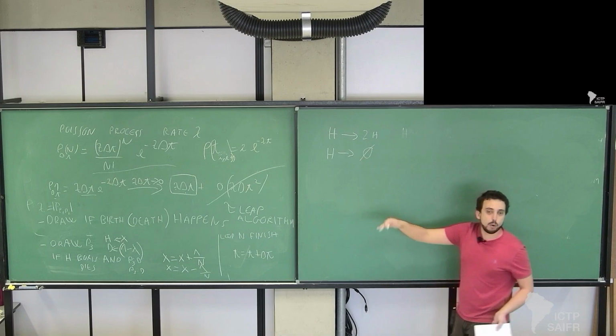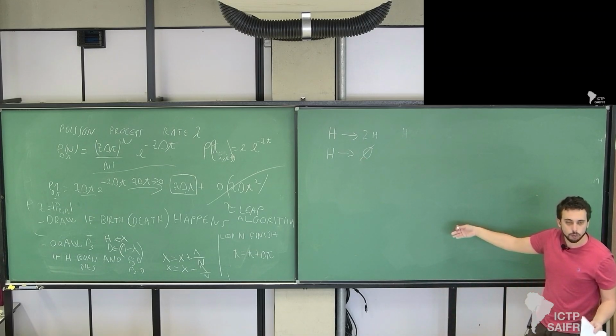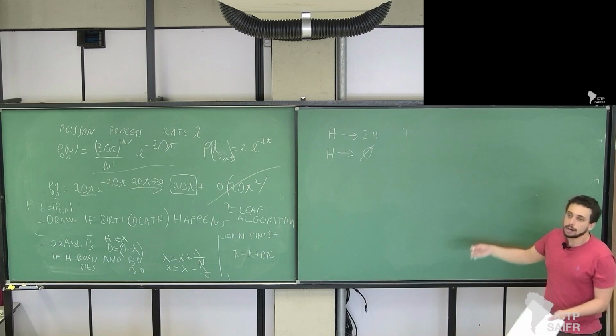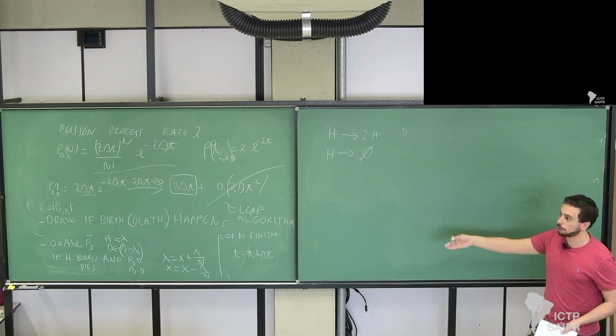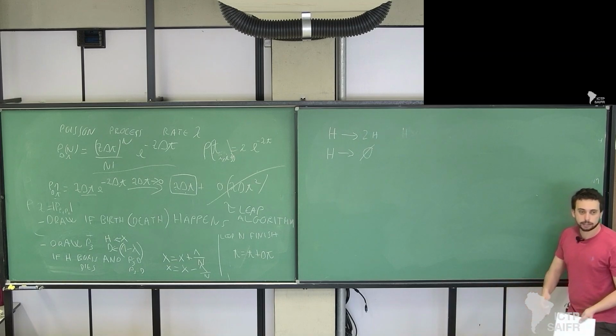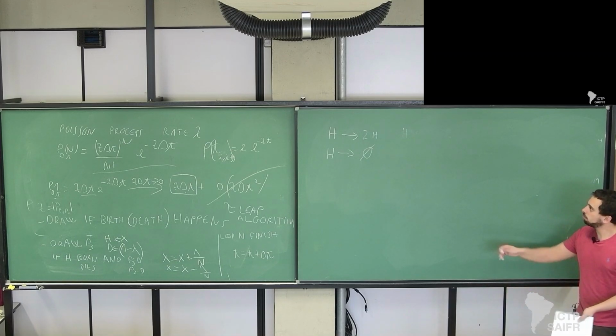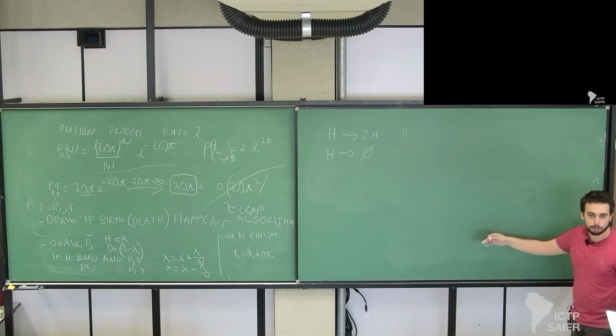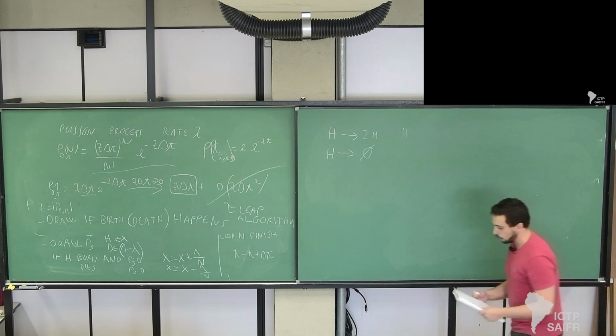This is the same way you write down chemical reactions. The Gillespie algorithm was originally proposed by Gillespie to integrate numerically chemical reactions. And then this was transposed to stochastic models of other parts of biology too, because it's very powerful.